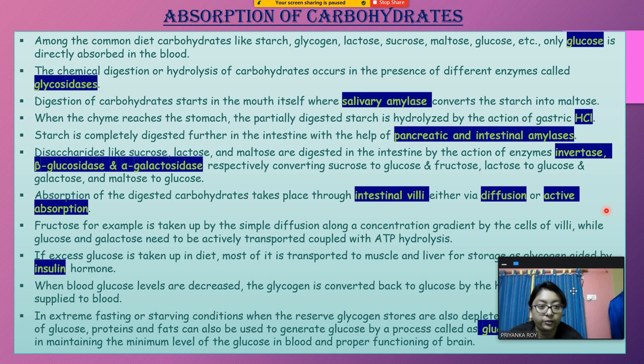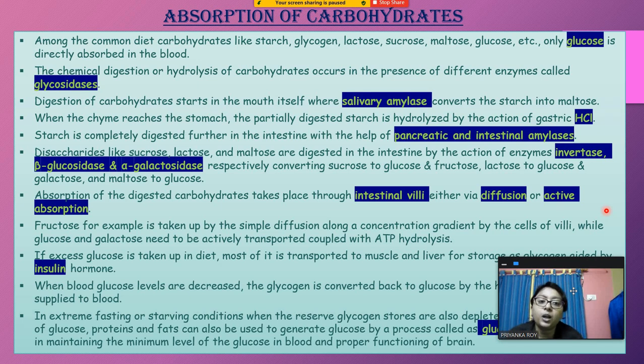breakdown of the carbohydrates. Now when the acidic chyme that I spoke about in the first video reaches the stomach, the partially digested starch is hydrolyzed by the action of gastric HCl. We already know that HCl is present in the stomach, which makes the pH of the stomach acidic, and this acidic pH helps in protein digestion, like pepsin and all.